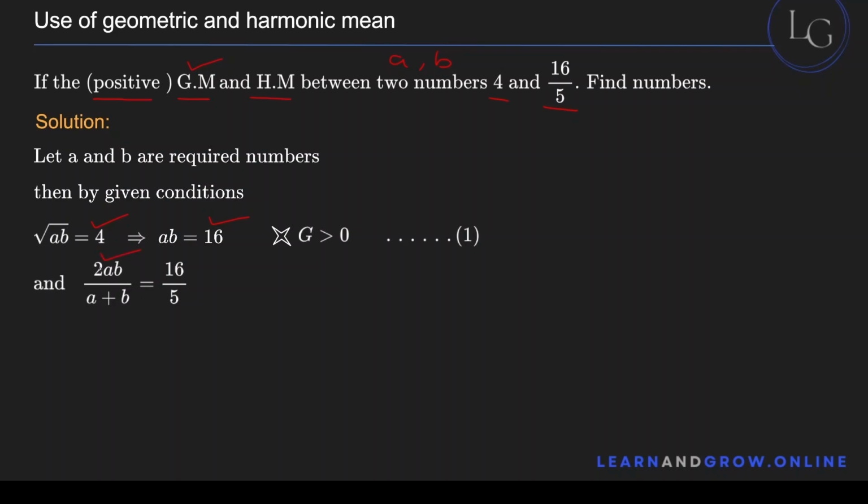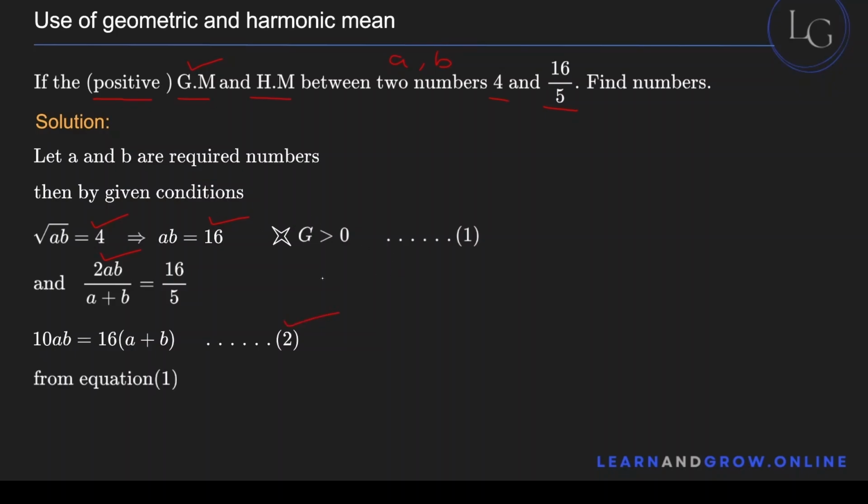Remember this, 2ab over a plus b. And this is given to us as 16 by 5. And if you cross multiply these sides, you get this equation, and we'll regard this equation as equation number 2.